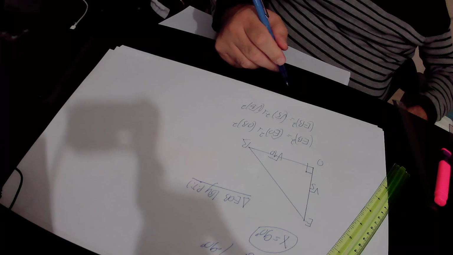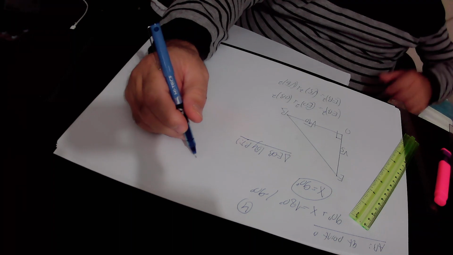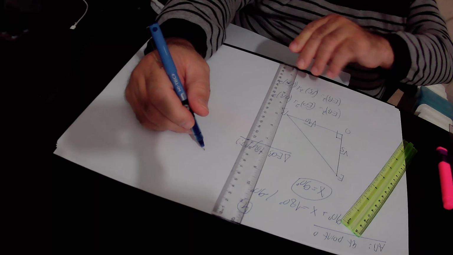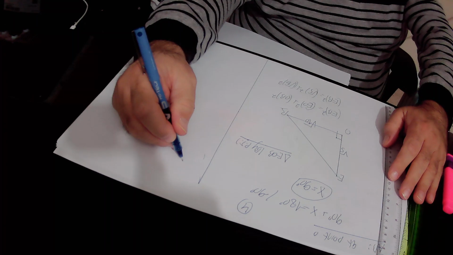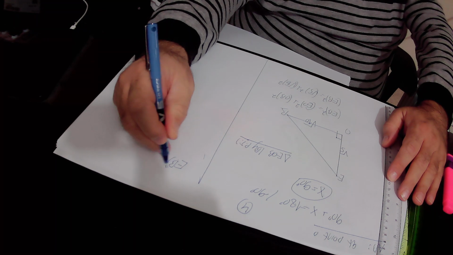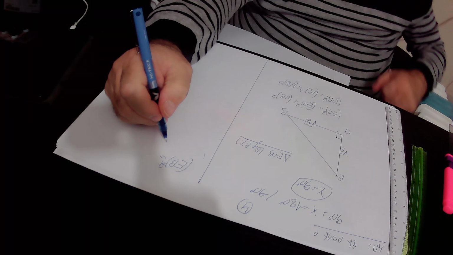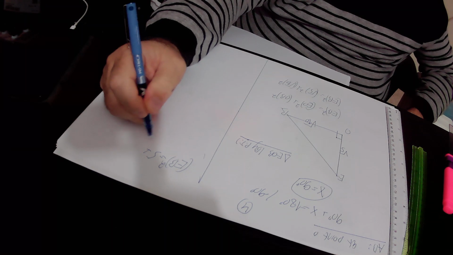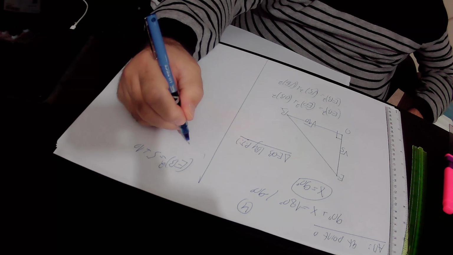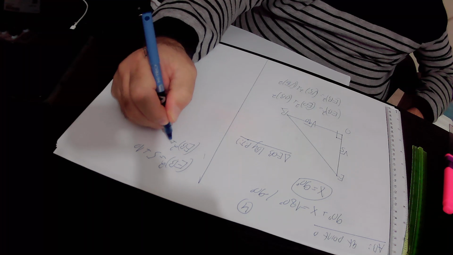So in conclusion, we found out that EB squared, which is the square of the hypotenuse of the right triangle EOB, equals square root of 5 squared, that is 5, plus square root of 10 squared, that is 10. In conclusion, EB squared equals 5 plus 10, that is 15.